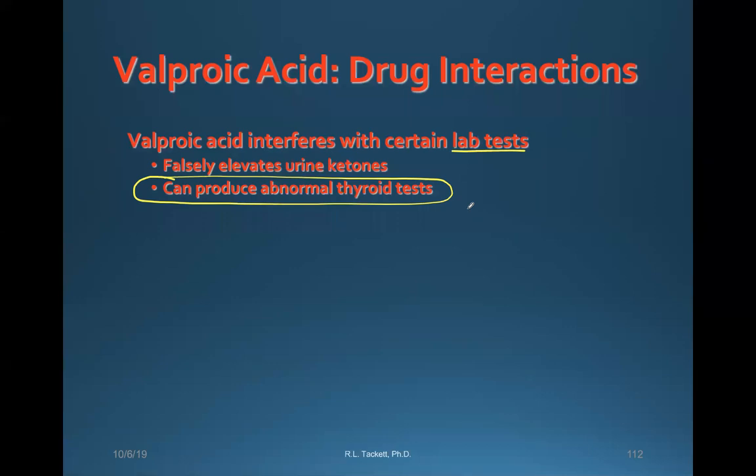Also, it can elevate urine ketones, which may give you a concern with diabetics. One of the big things that may happen is with people going on the ketone diet, this can be an issue that comes up too.